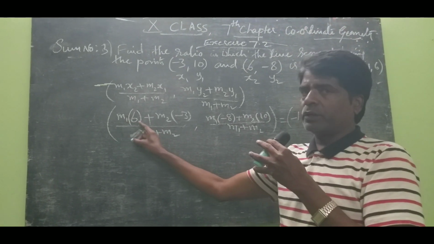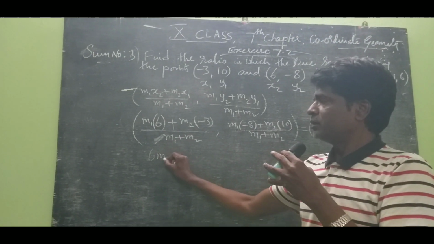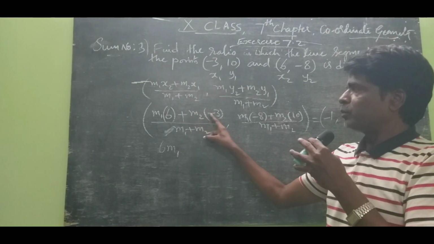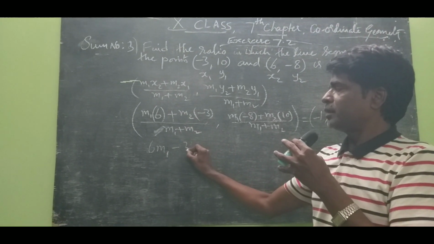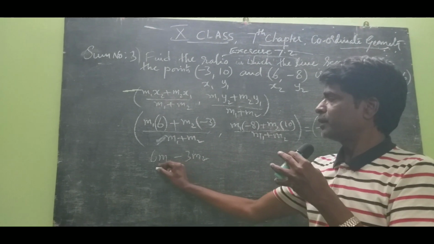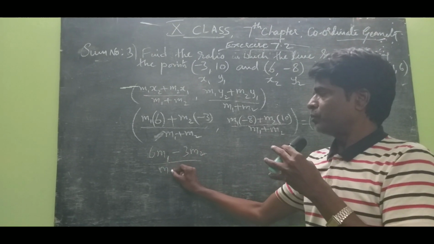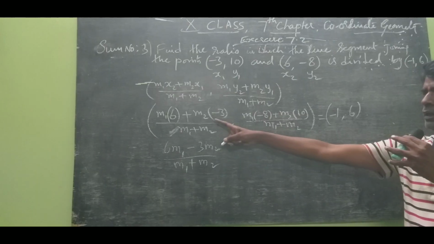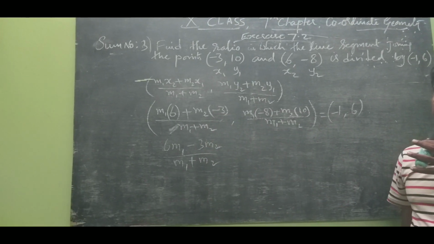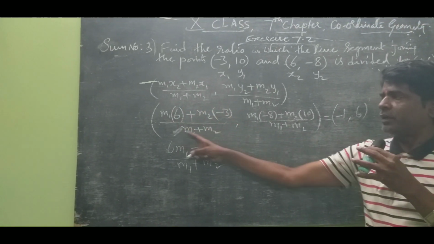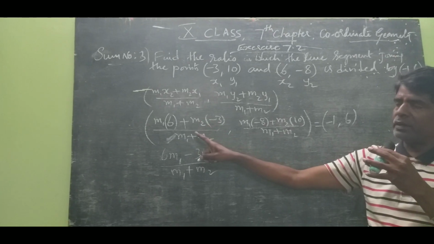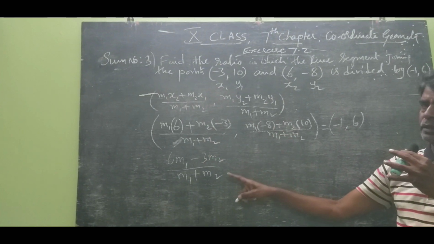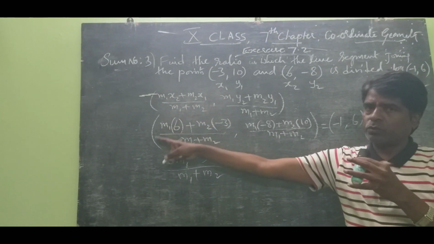6m1, m1 into 6 means 6m1, plus into minus, -3m2, by m1 plus m2. Only the x coordinate you take. Either we can take x or y, but here I am taking only the x coordinate.